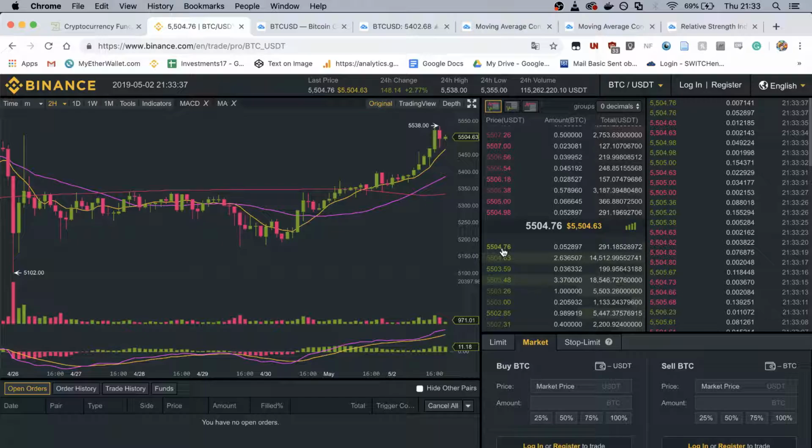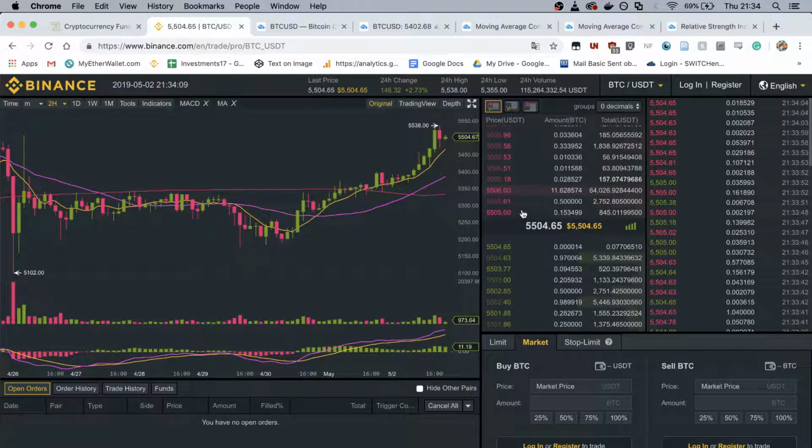If they have a large spread, then the price will fall quite a lot until your order is fulfilled, and you might have a big difference between the lowest price that you sold for and the highest price that you sold for. If you're selling a large amount of cryptocurrency, that can make a big difference, a few percentage points. So unless the market is really going in a direction that you don't want, I don't suggest that you use market order.